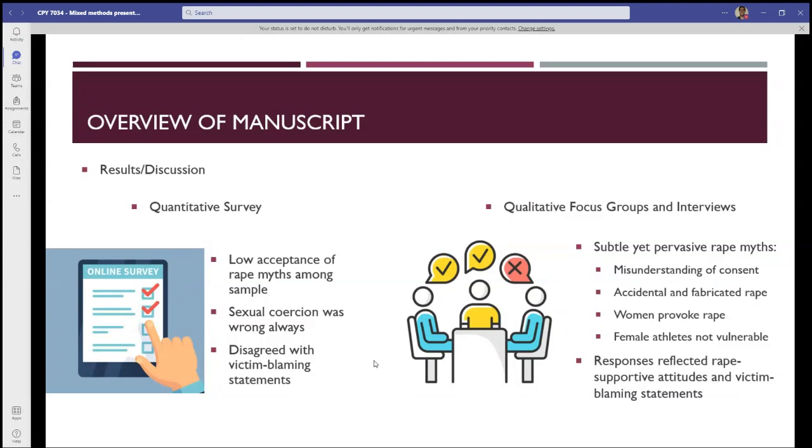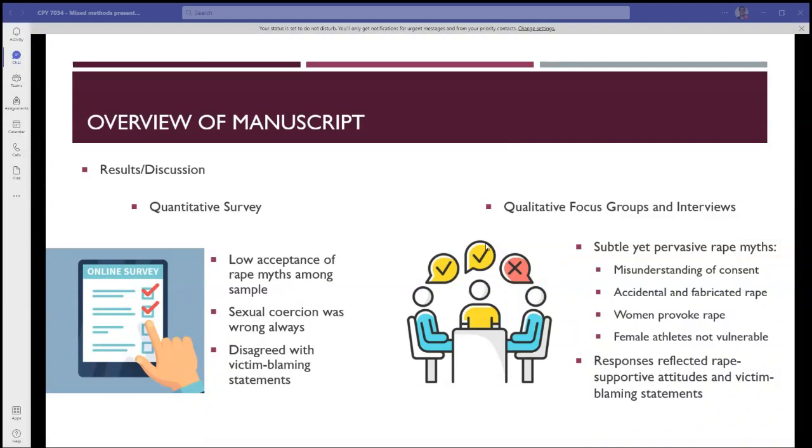The first one being a misunderstanding of consent, the belief in accidental or fabricated rape, such as saying that a woman is pretending that she was raped, the contention that some women provoke rape, such as through what they wear, and the invulnerability of female athletes, which was explained by female athletes in this study by their thought process that they were strong enough that this wouldn't happen to them.